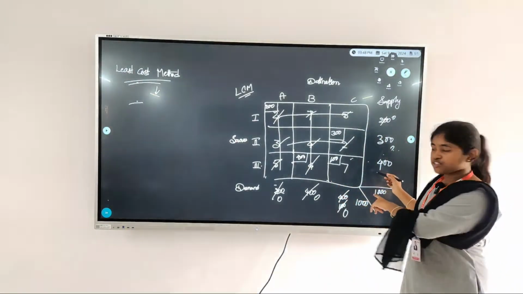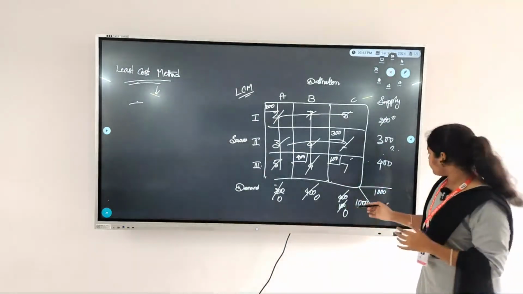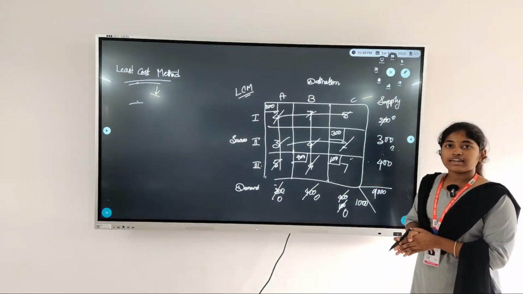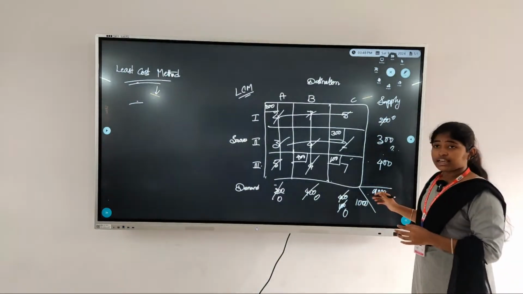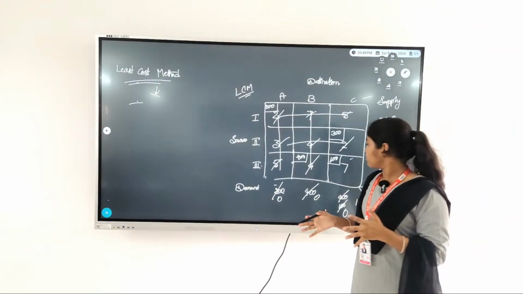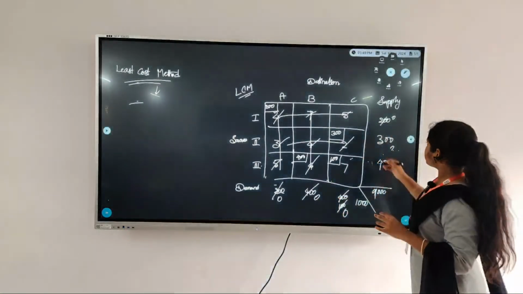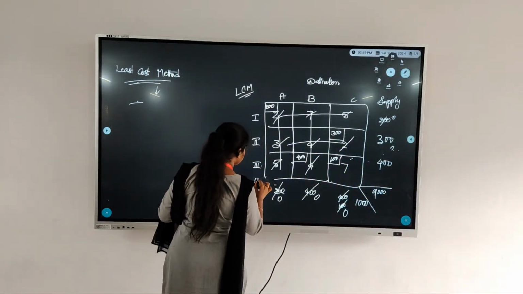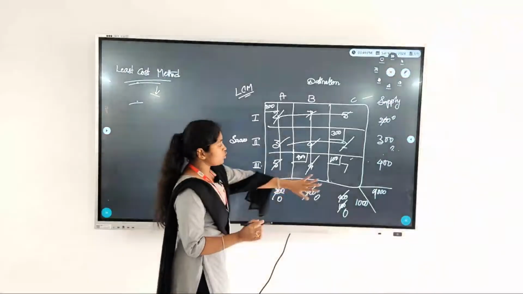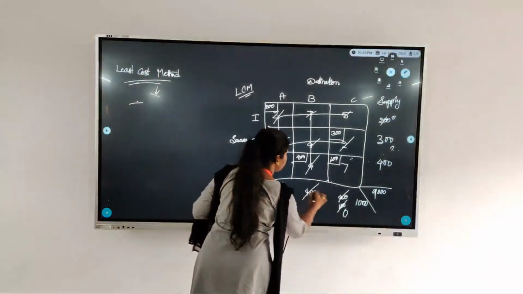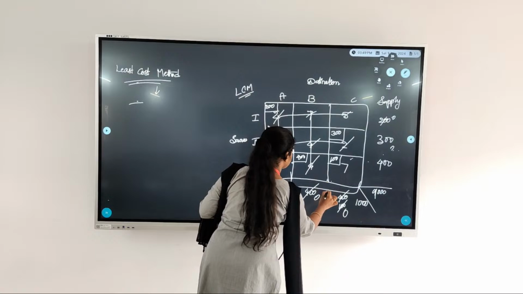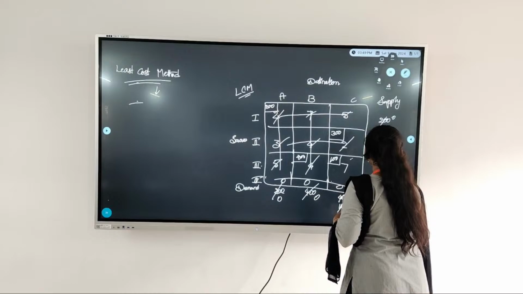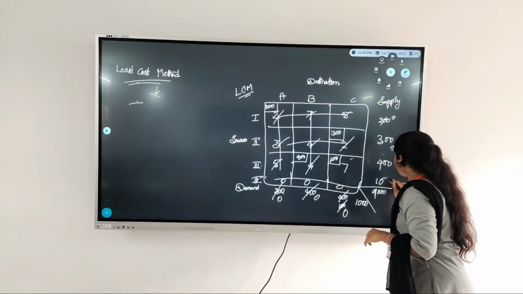In place of 500, I replaced it with 400 for the unbalanced case. So the total supply is 900, while the demand is 1000. To overcome this, we add a dummy. I use another source to balance it, adding one dummy row with costs 0, 0 and 0 and a supply of 100.